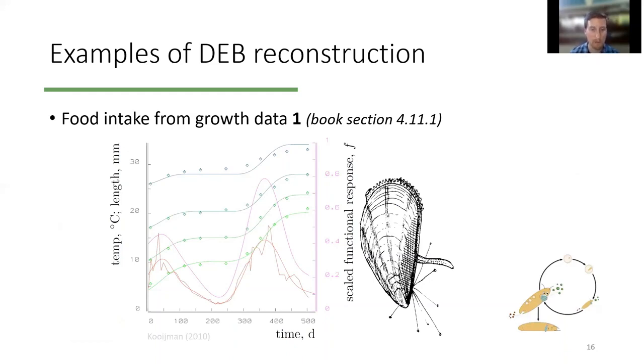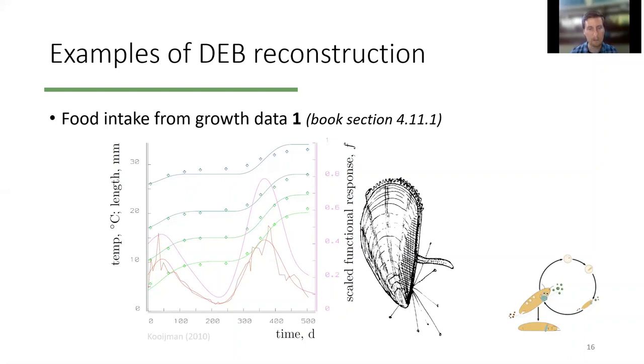The growth trajectories are the green to blue dots, through which we fit a spline function in each of the trajectories. And we also fit a spline function through the temperature trajectory in red. So the smooth curve is the fitted curve.